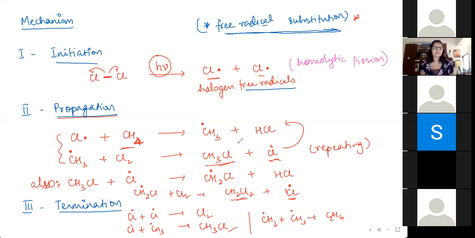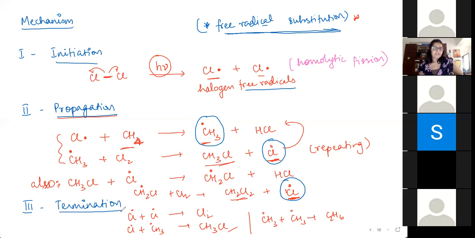Ma'am, the process will terminate even if one of them is happening? It depends. So basically, this is to show that you have methyl radical produced and chlorine free radicals produced, right? The difference between propagation and termination is the reaction will continue if another free radical ends up being produced.